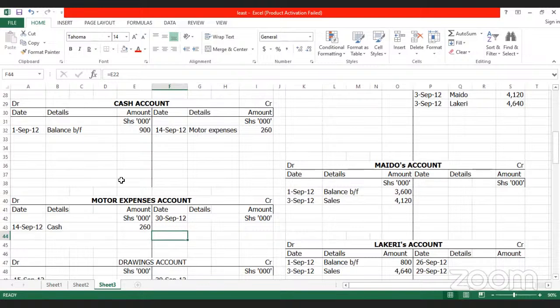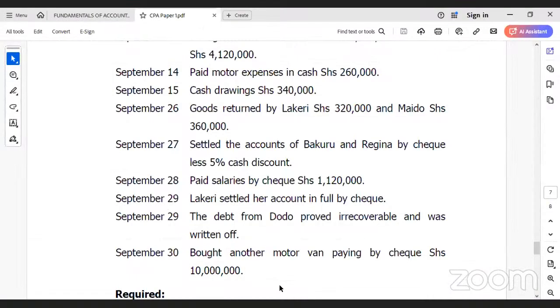We move to the next transaction. So what's the next transaction now? Cash drawings, shillings 260.